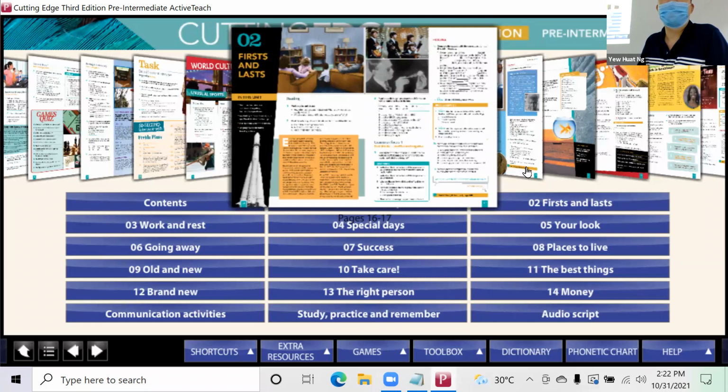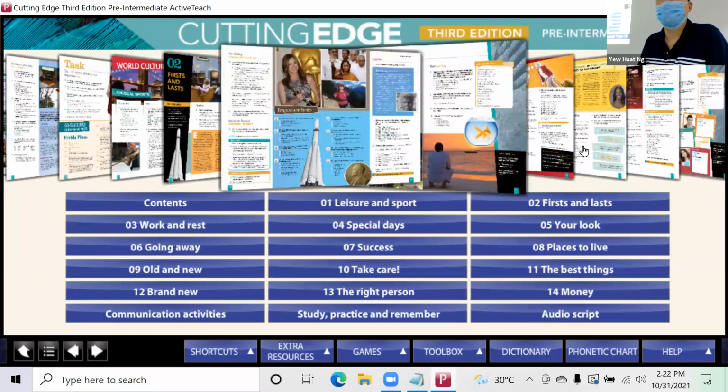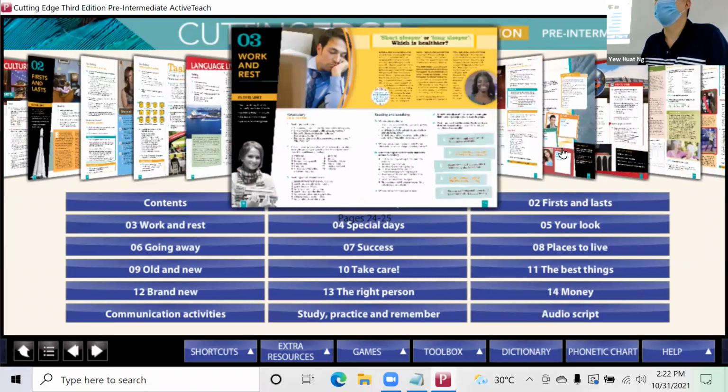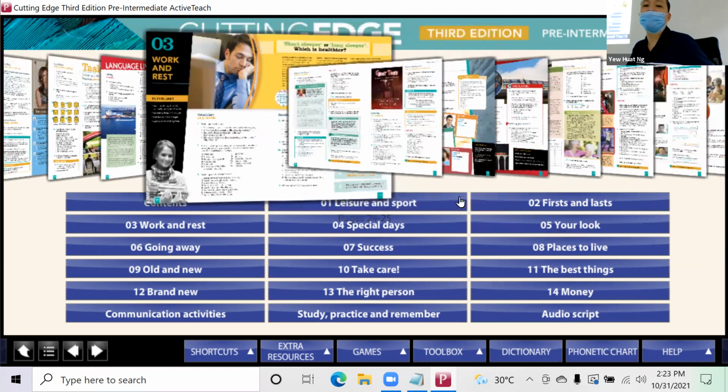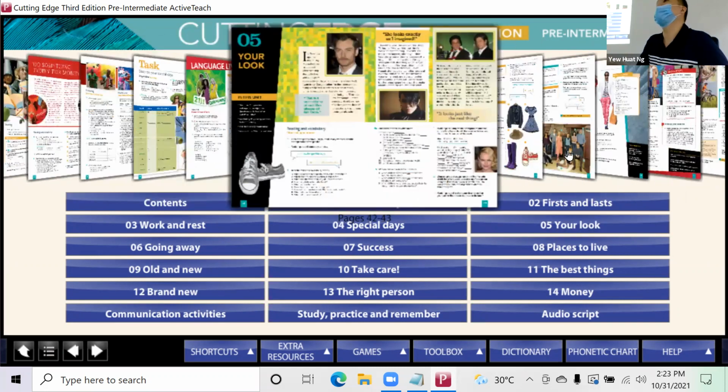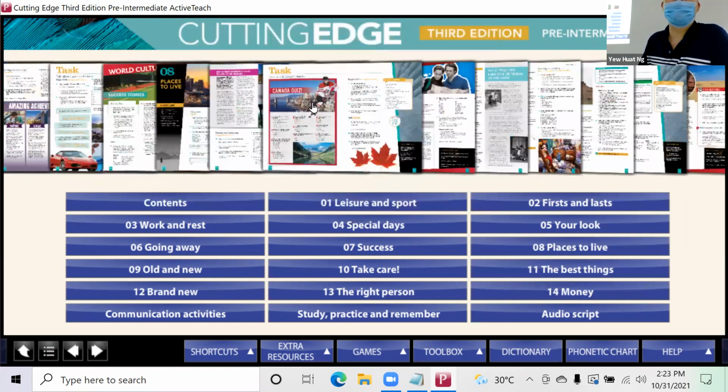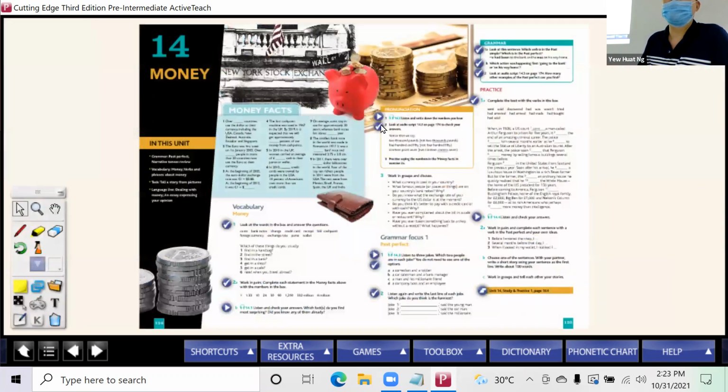For level 3, the first few chapters are more of a warm-up. Things will start to get a bit more interesting from chapter 5 onwards, all the way to the end, whereby we are talking about big conversations and something more interesting. So that is the plan for next week.